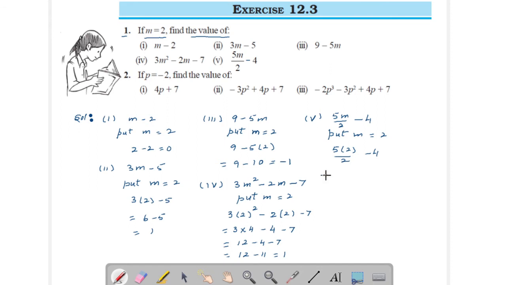Solve this. 5 into 2, it is 10 upon 2 minus 4. Here simplify it. 2 1 ja, 2 5 ja. You will get 5 minus 4. That is 1. This is your answer.